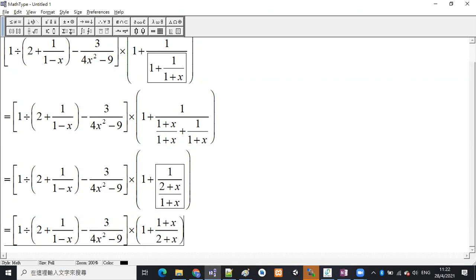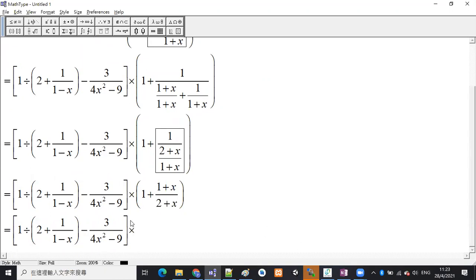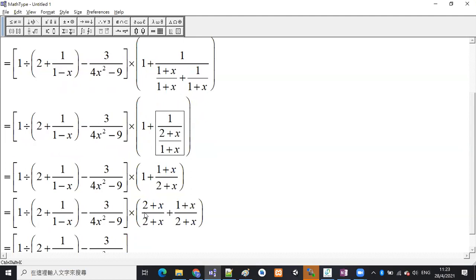Can you get this? OK，好啦，跟住其實我都化簡埋先，你哋可以跳 step，一次過做幾樣嘢。我而家全部都將前邊嗰個方括號 copy 過嚟。好啦，跟住呢度我有通分，即係變咗做 2 plus x over 2 plus x and then plus 1 plus x over 2 plus x, and then we may merge them together.